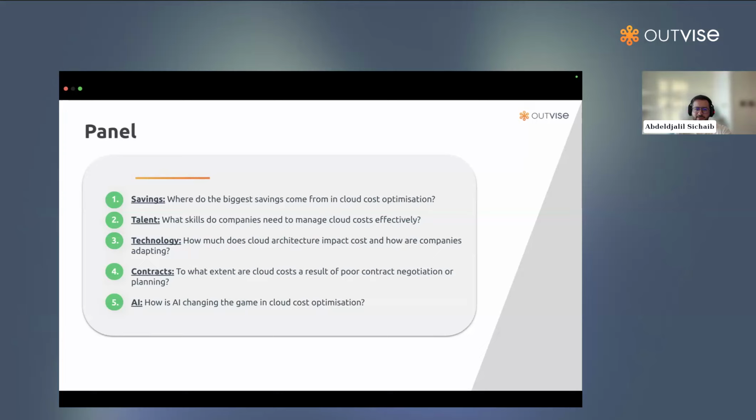I think that there is also one area that sometimes we underestimate, which is the networking. The bandwidth is very expensive when you have a lot of data coming out from your cloud.